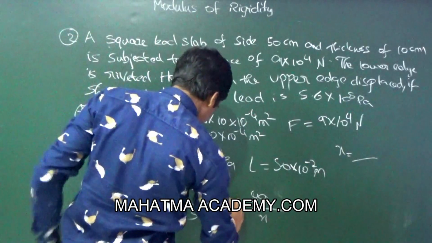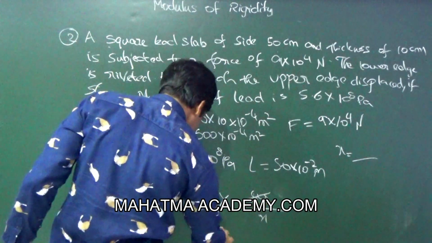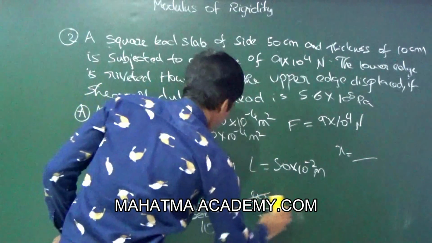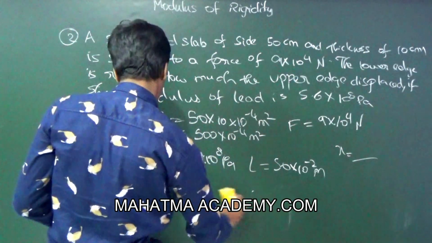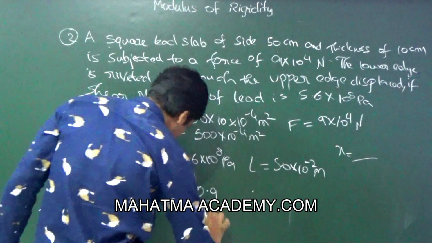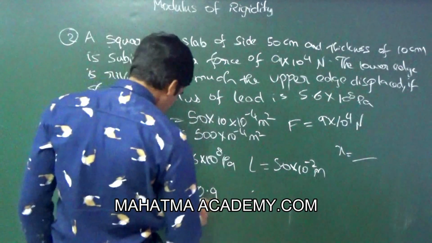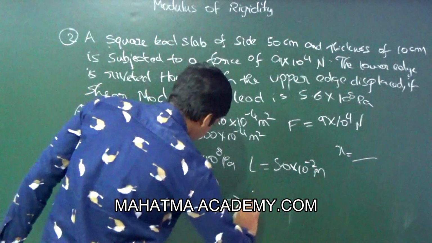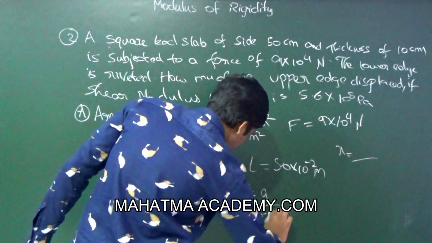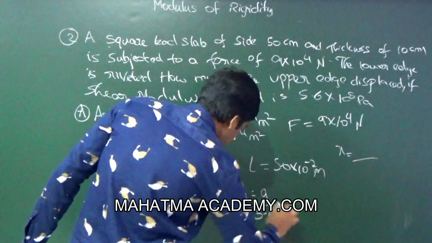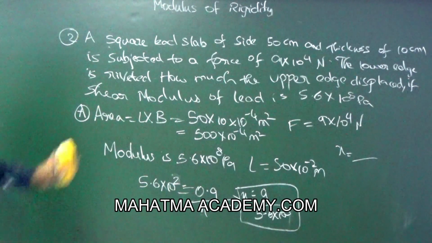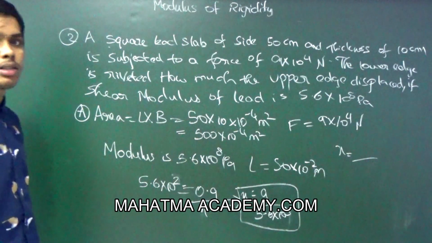So 0.9 upon x. Now x is equal to 9 divided by 5.6 into 10 cubed. This is the x. Okay, now we have completed the modulus of rigidity including problems.